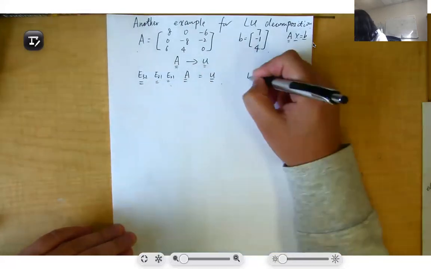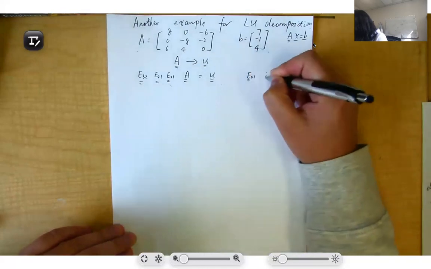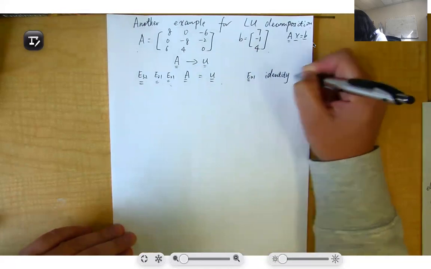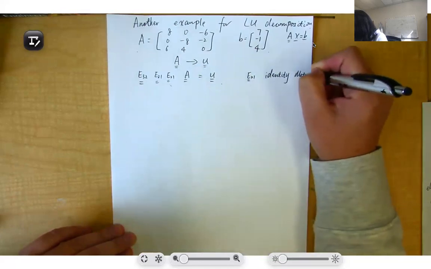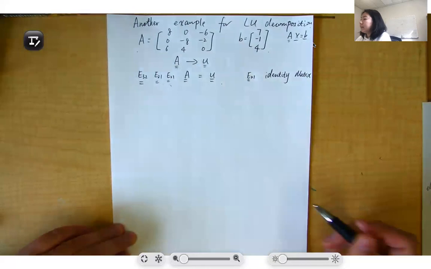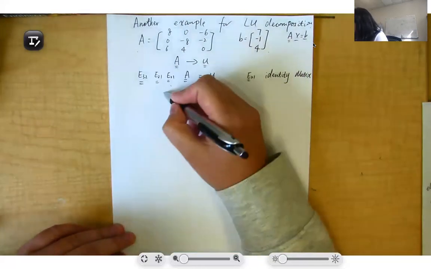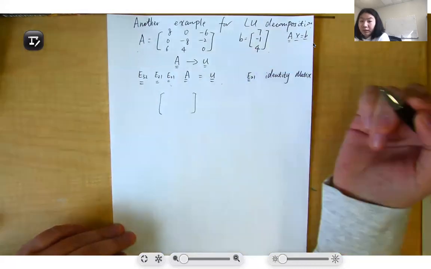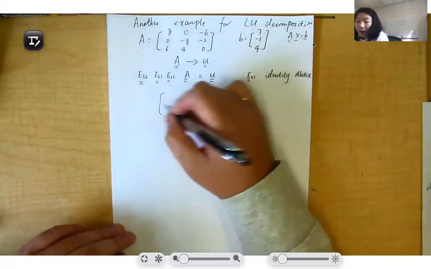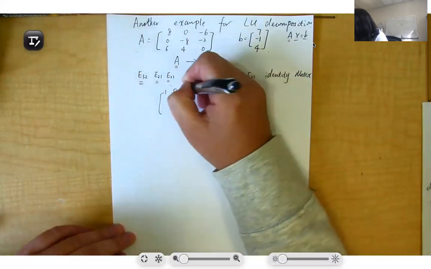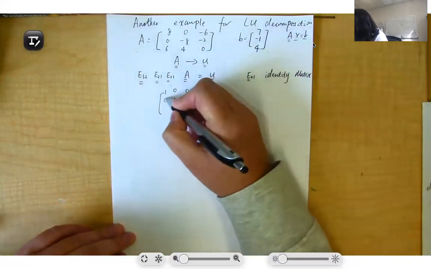So E21 can be the identity matrix. Okay, what is your E31? We can write E31 as an identity matrix with only the E31 entry holding the scaling parameter.